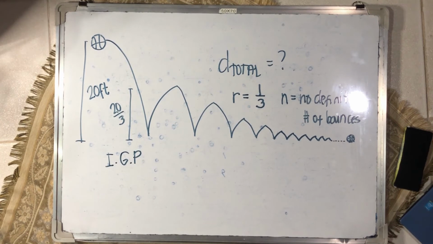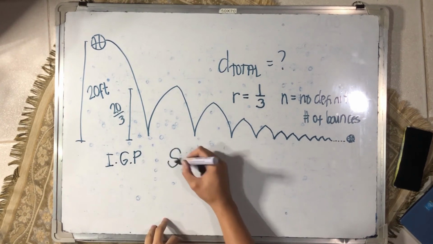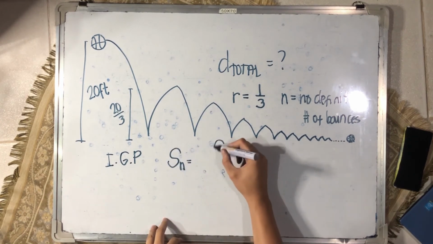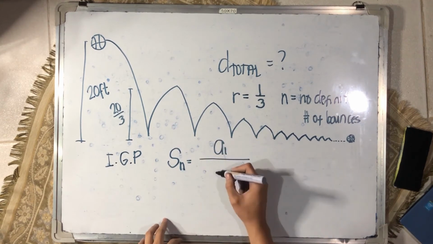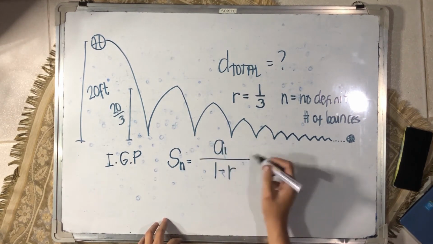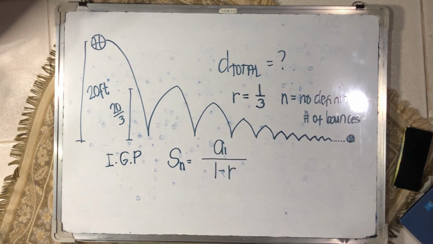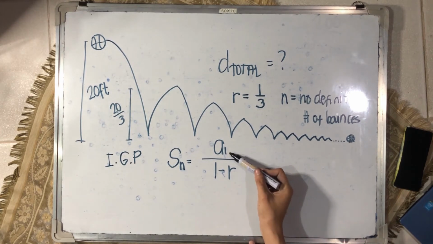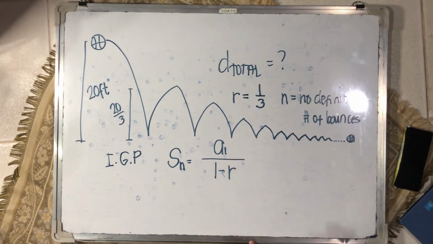And how do we get that total distance? We have S sub n is equal to A sub 1 over 1 minus r. Now, the common mistake here, which is mostly because even if you did it right or wrong, both answers are in the choices, is setting A sub 1.